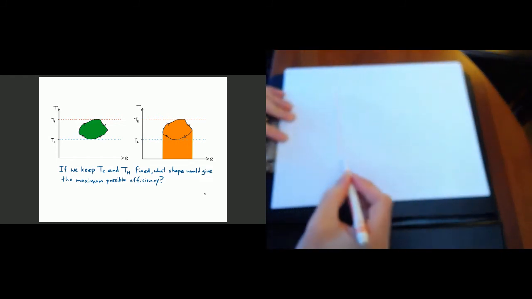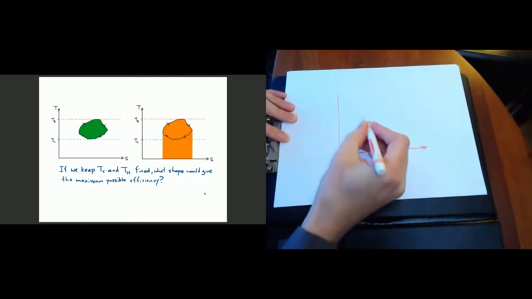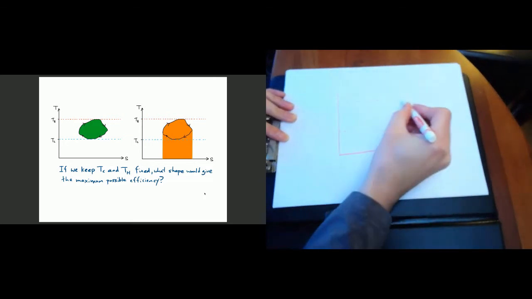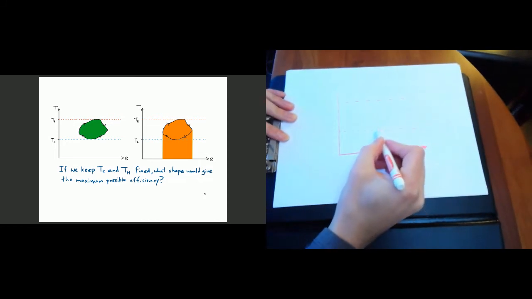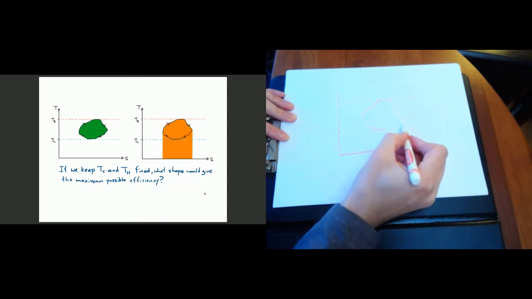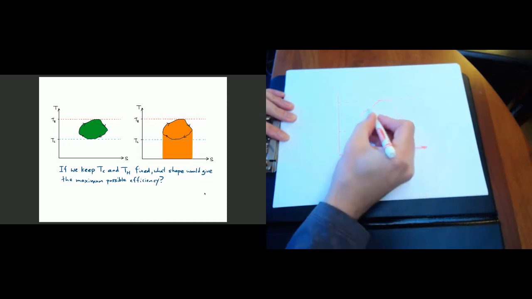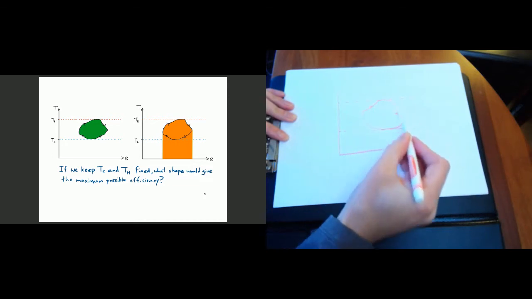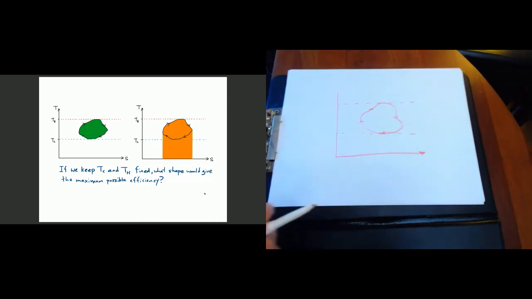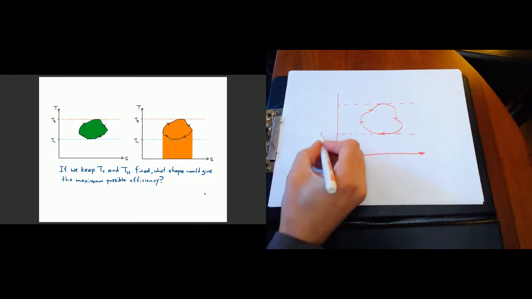Okay, so let's talk about it. We have our minimum temperature and our maximum temperature, and we could start out by drawing some arbitrary process running between these two temperatures.